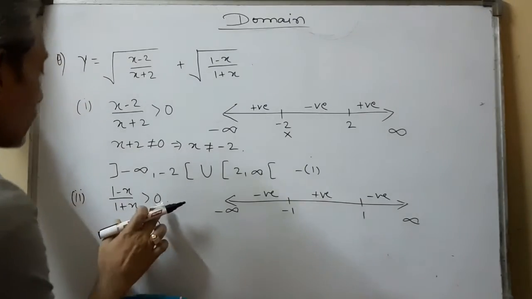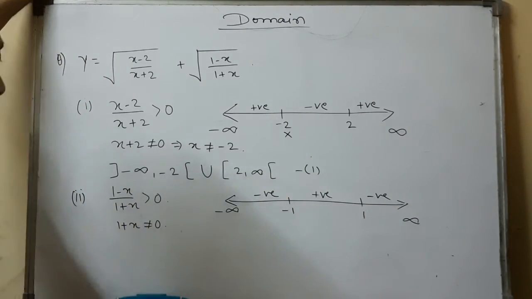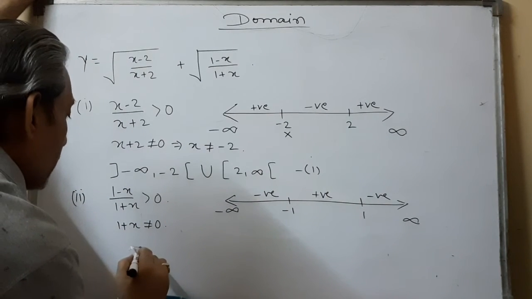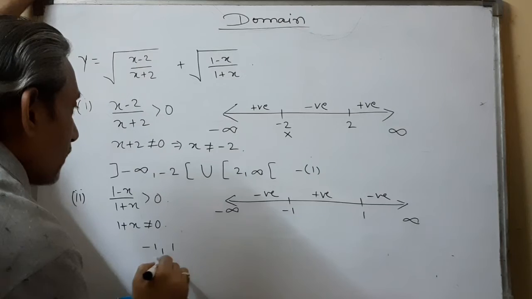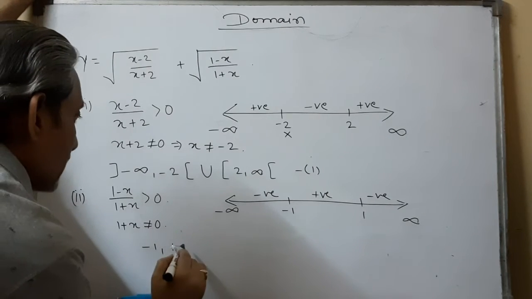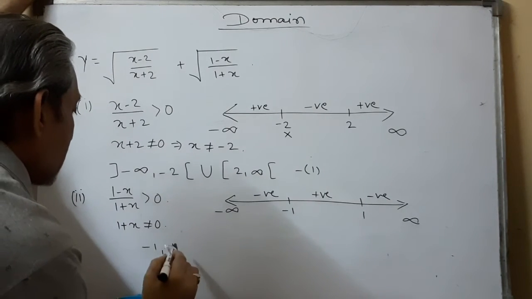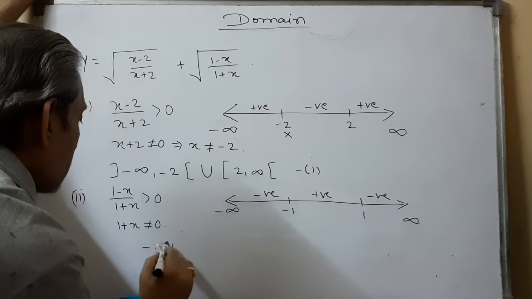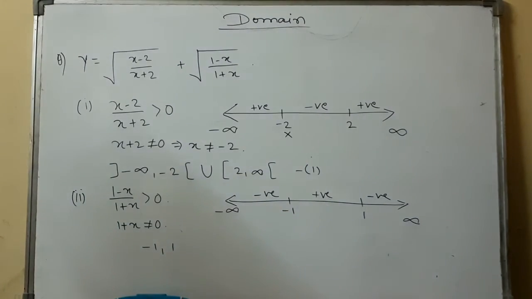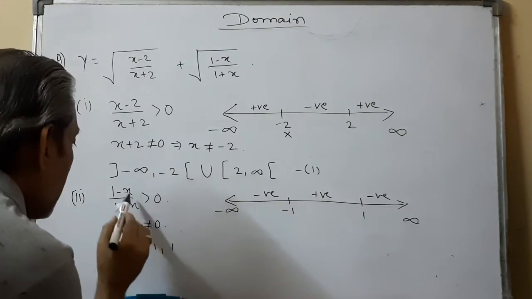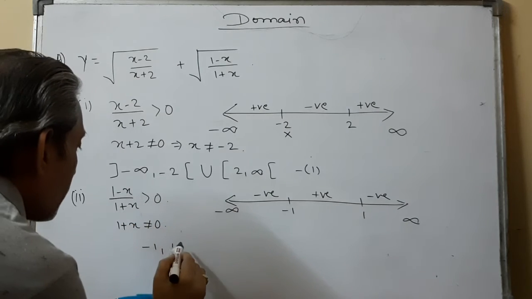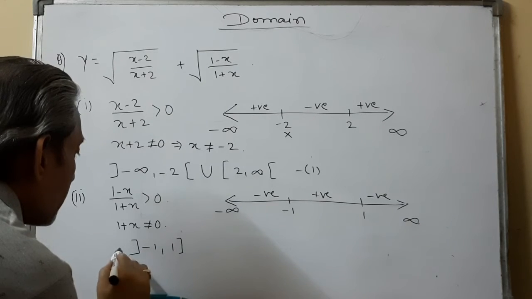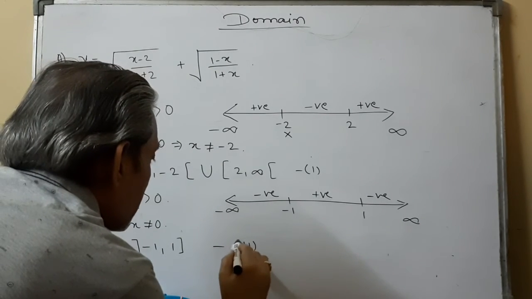We need only positive values, and this should not be equal to 0. So positive values means x should lie in between -1 and 1, and strictly more than 0. So in this case 1, we can take 1 can be included, but -1 cannot be included. This is the second.